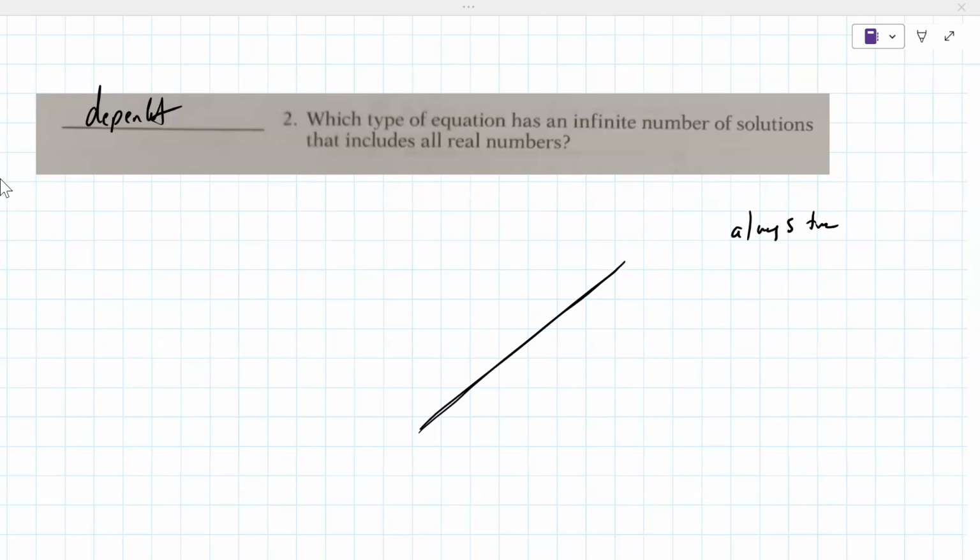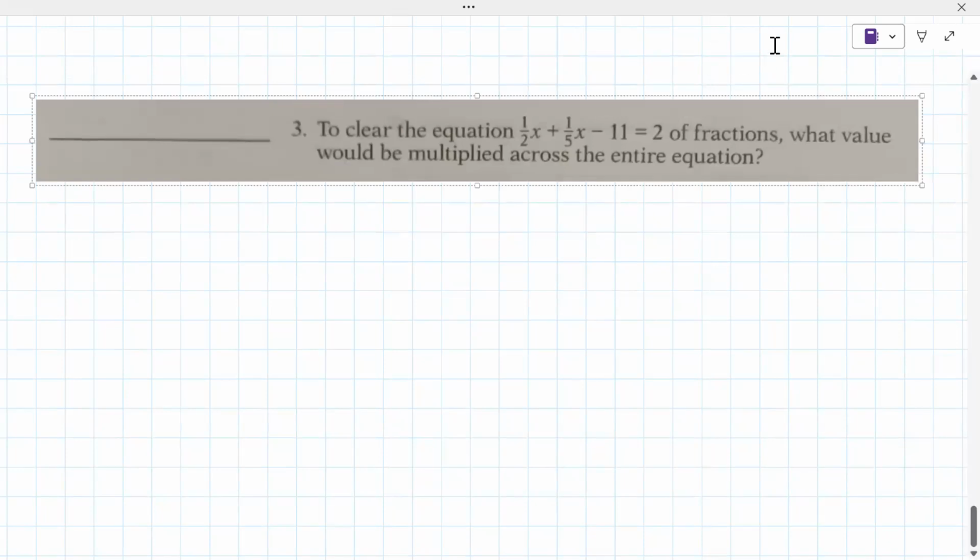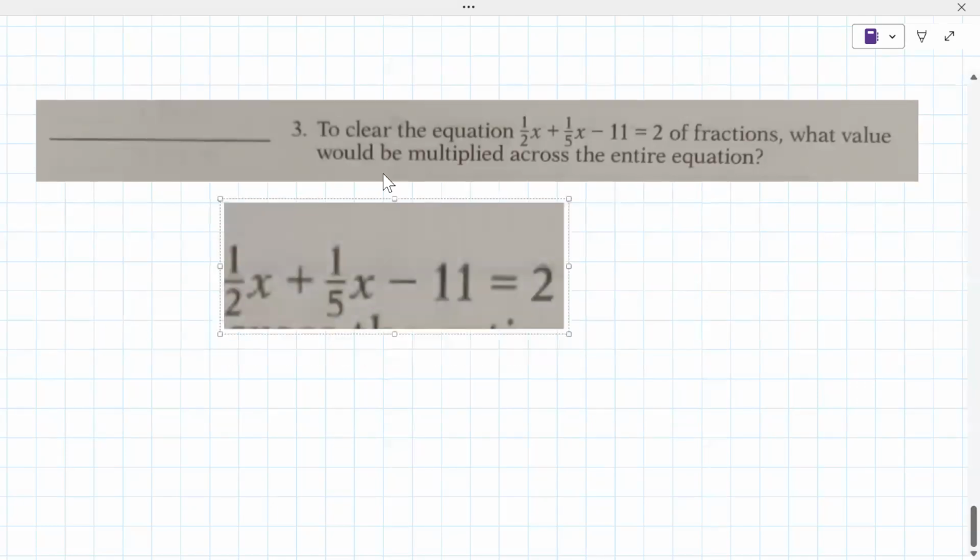Number 2 here. All right, so to clear the equation of fractions, what value would be multiplied across the entire equation? What you do is you look at the bottoms of both fractions. See how there's a 2 on the bottom and there's a 5? You look for what's called the least common multiple.